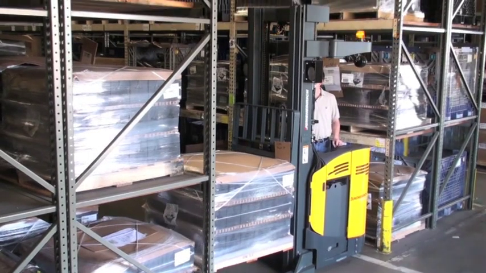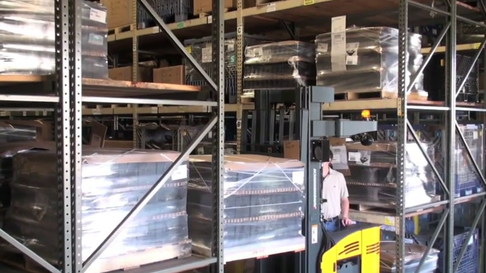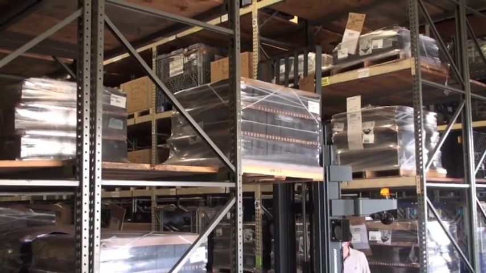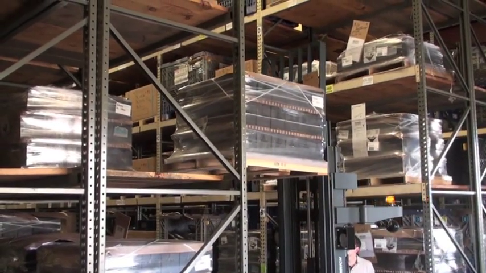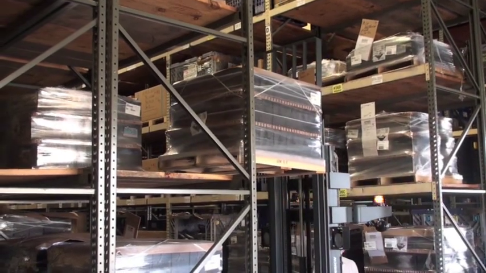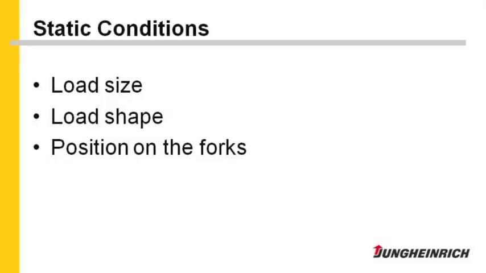When a lift truck picks up a load, the center of gravity of the truck and the center of gravity of the load will produce a combined center of gravity. Lift truck balance and stability are affected by both static conditions and dynamic forces. Static conditions include load characteristics such as size, shape, and position on the forks.